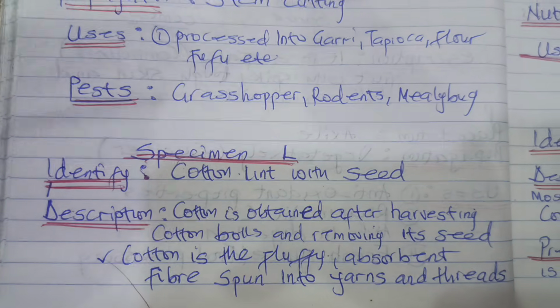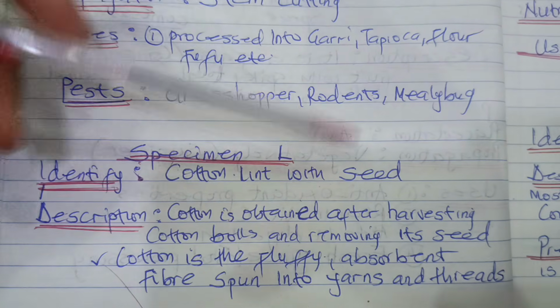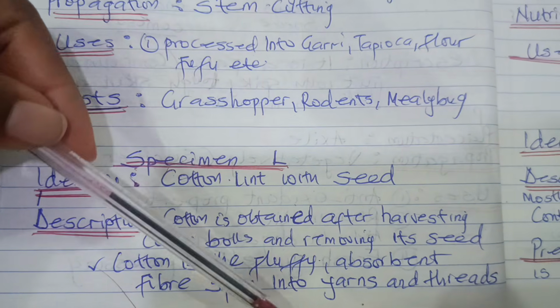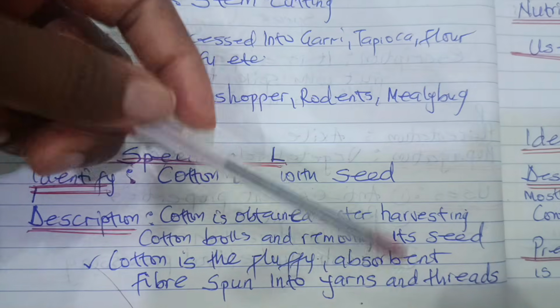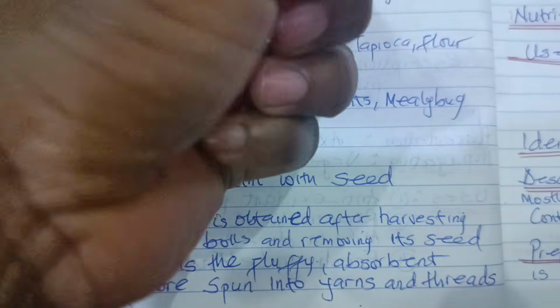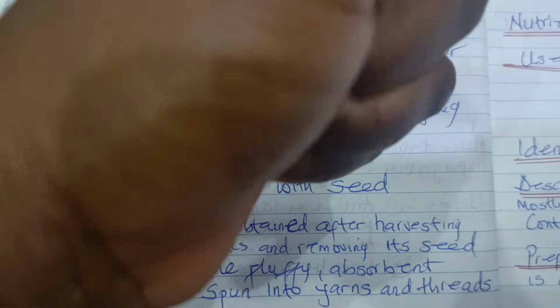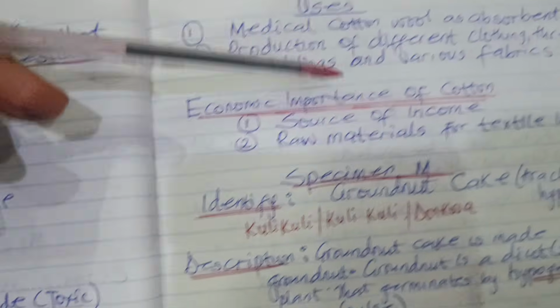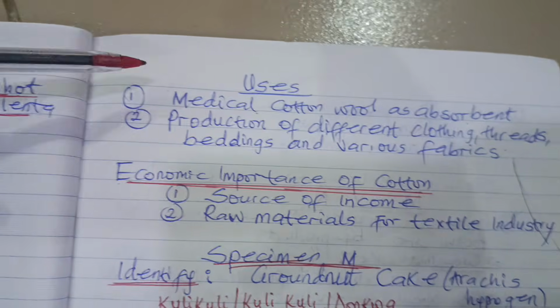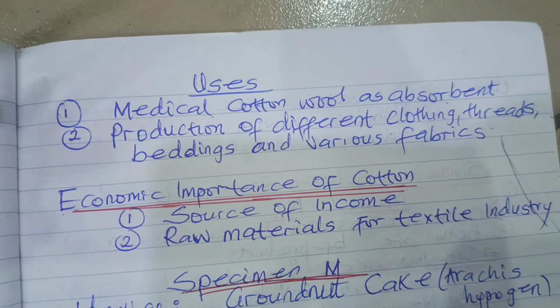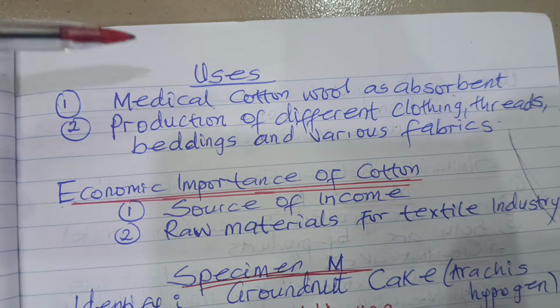Cotton itself is a fluffy absorbent fiber spun into yarns and thread. Okay, it can absorb liquid, it can absorb things so much. So uses of cotton, we have one. We use it in the medical field, right?